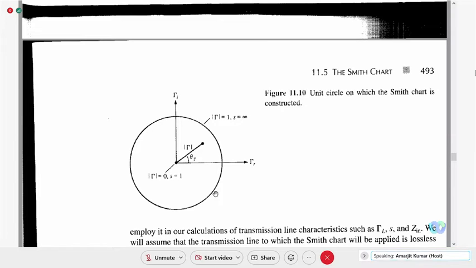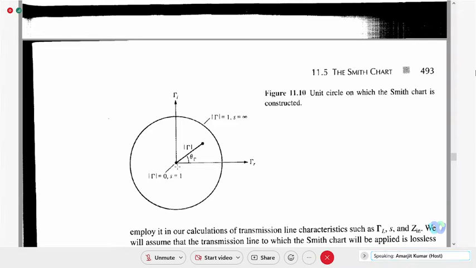In complex form, it is gamma r plus j into the imaginary part of the reflection, gamma r plus j gamma i. So here this axis is showing the imaginary part of the reflection coefficient, and the horizontal axis is showing the real part of the reflection coefficient.